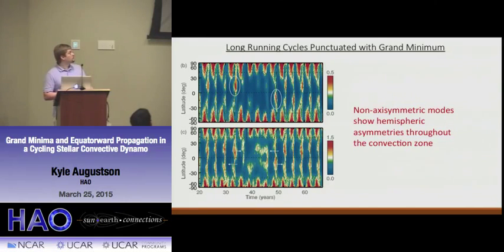So what you're seeing here is the sum of all the modes from L equals 0 to L max, but summed only for m's greater than 1. And you're seeing this near the surface here and at depth here. So the two features that I've highlighted here and here are these regions where you have this large hemispheric asymmetry.